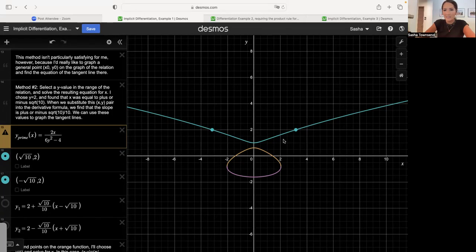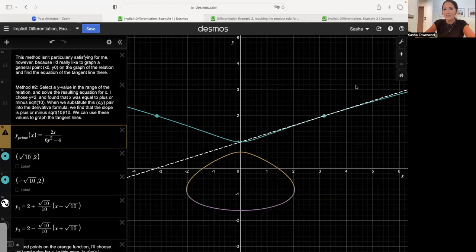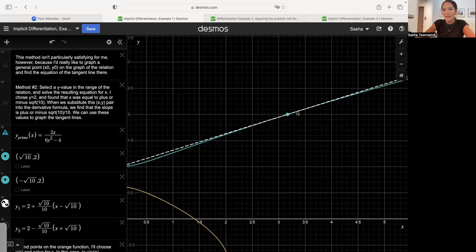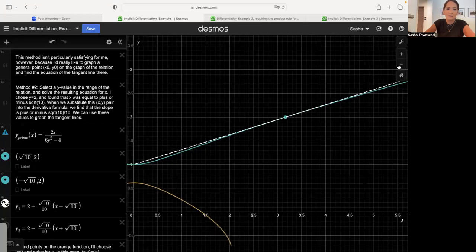When x equals a positive square root of 10, that means we're over here. We've got this as our tangent line. And we're using y equals the y value there, which is 2, plus the slope, which is calculated by hand, square root of 10 divided by 10, times the quantity x minus x naught, where x naught is the square root of 10. And if you zoom in, you can see that that tangent line has the same slope as the curve itself.